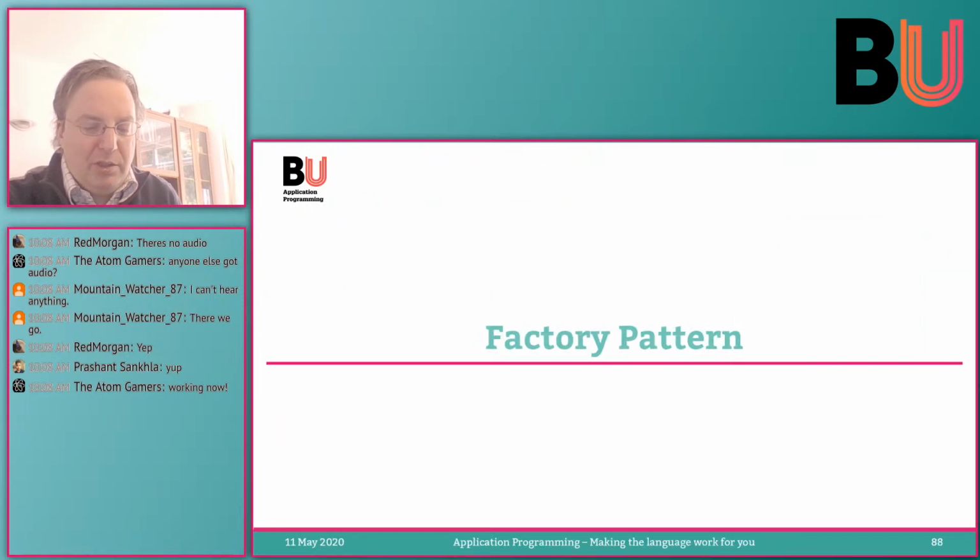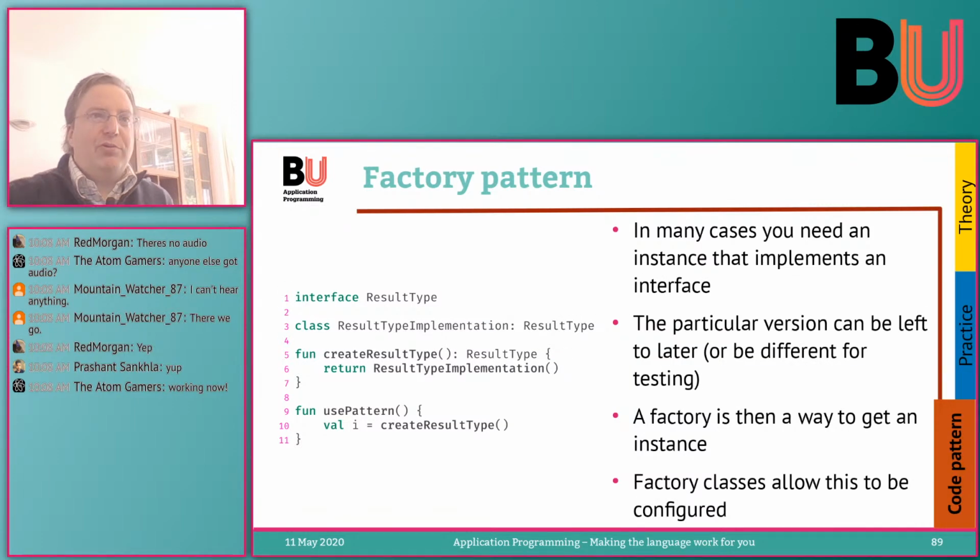Factory pattern. Sometimes you don't want to create instances by hand, but you just want to be given an instance of this particular interface rather than create an instance of a particular class. In the assignment, you had the mutable matrix or mutable sparse matrix functions that would create those and initialize them correctly.